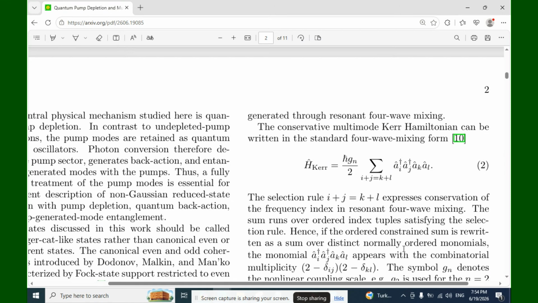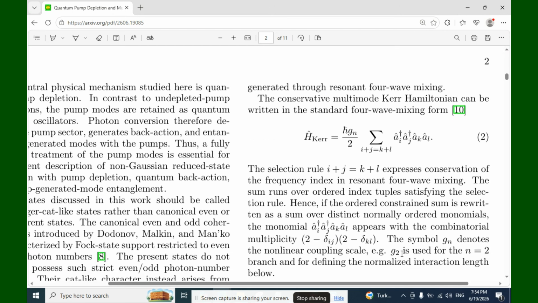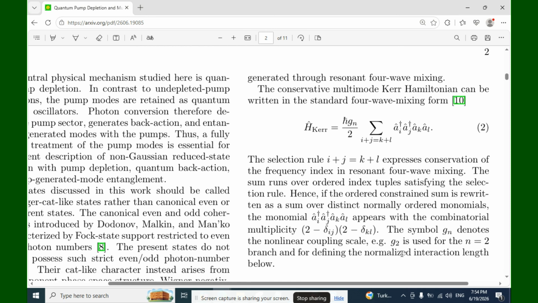H_Kerr = (ħ g_n / 2) sum over i + j = k + l of alpha_i^† alpha_j^† alpha_k alpha_l. The selection rule i + j = k + l expresses conservation of the frequency index in the resonant four-wave mixing.